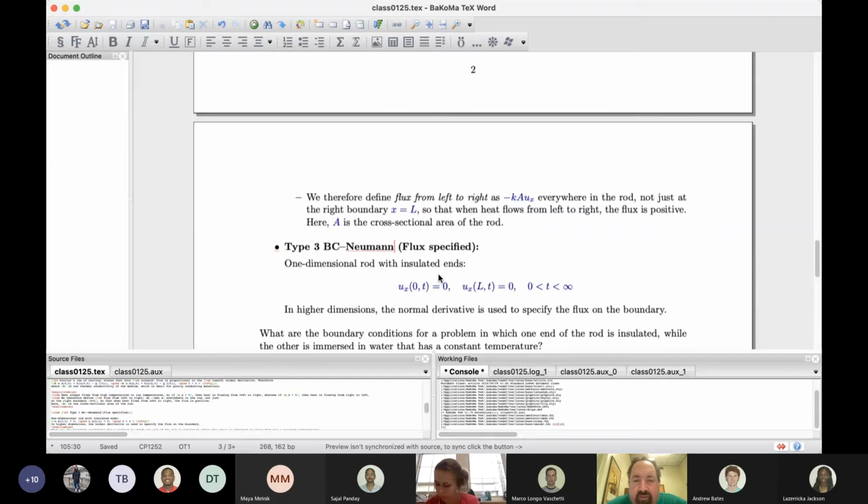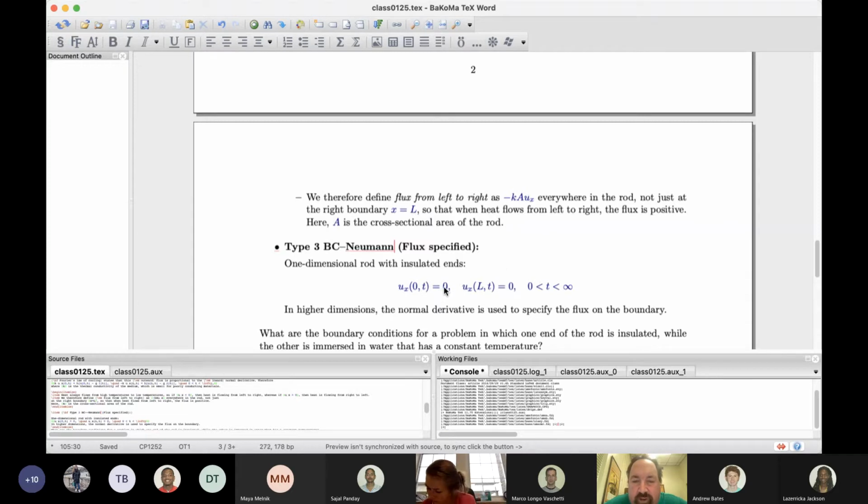The first derivative refers to flux, which is the flow rate of heat energy per unit area. That's how flux is defined. So if we're specifying u, that's Dirichlet. If we're specifying the first derivative of u with respect to x, that is a Neumann condition.